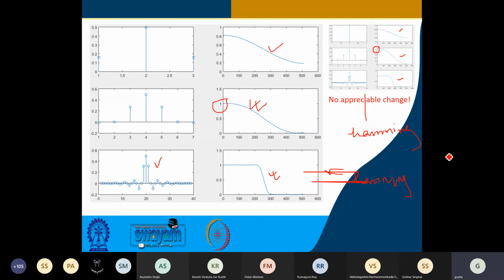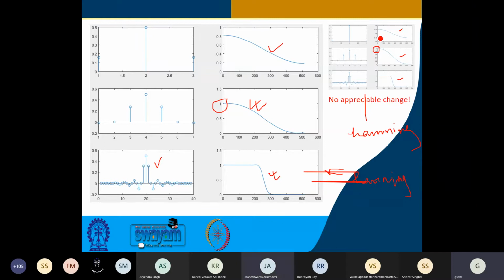We can see a reduced attenuation in the filter order 3 case. The stop band attenuation has fallen more downward.